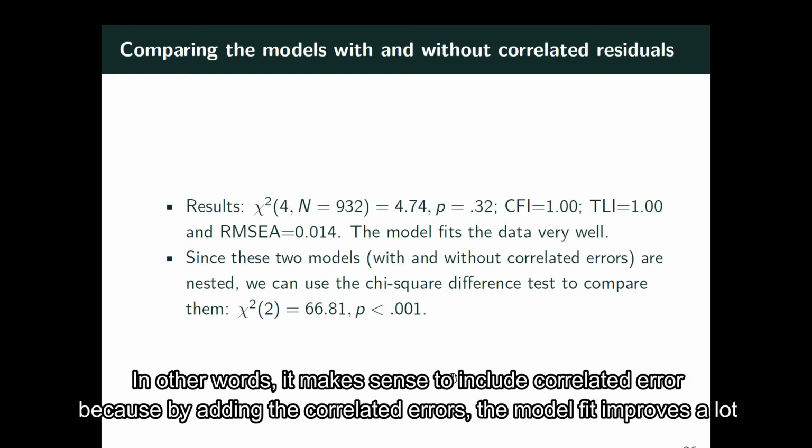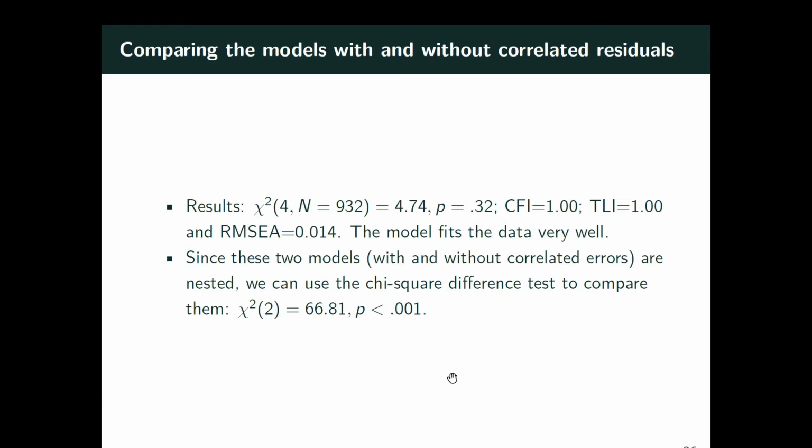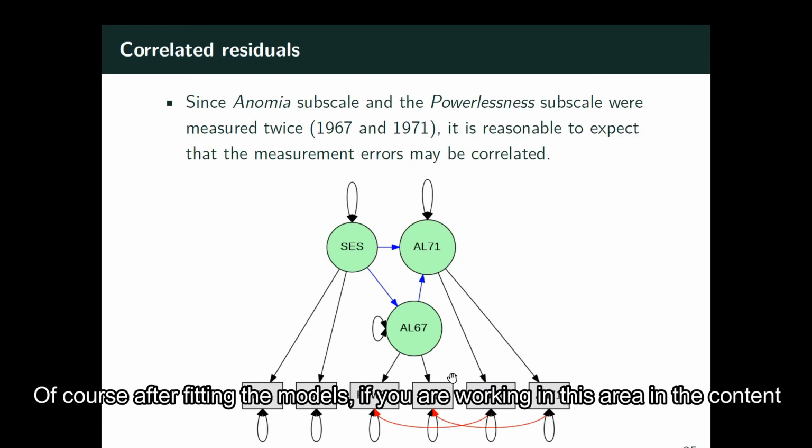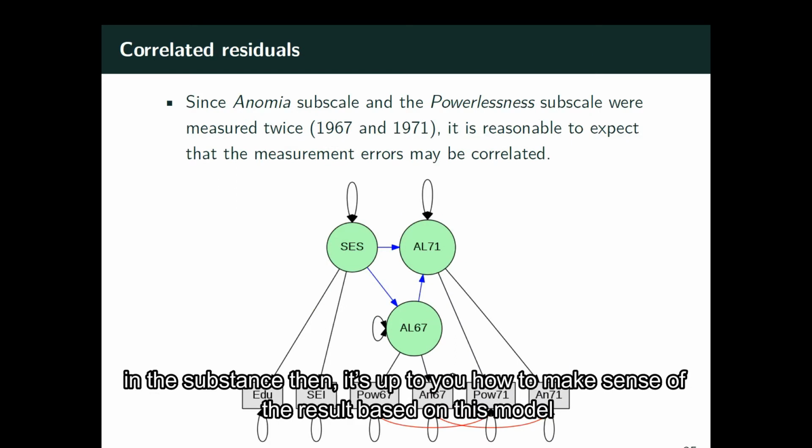In other words, it makes sense to include the correlated errors, because by adding them, the model fit improves a lot. Okay, so of course, after fitting the model, if you are working in these areas, in the content, in the substance, then it's up to you how to make sense of the results based on this model.